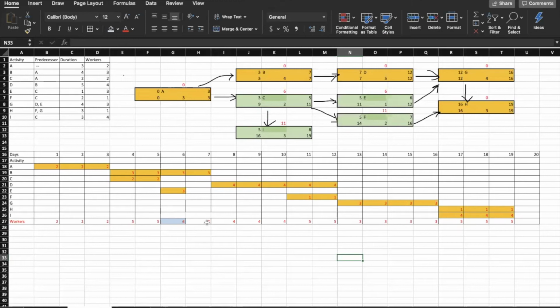However, that would put more workers either between the 8th and the 12th, and this number would go more than 6 because as of right now we have either 4 or 5 workers on those days. So it looks like this is the best that we can do with the number of workers Gantt chart as of right now.